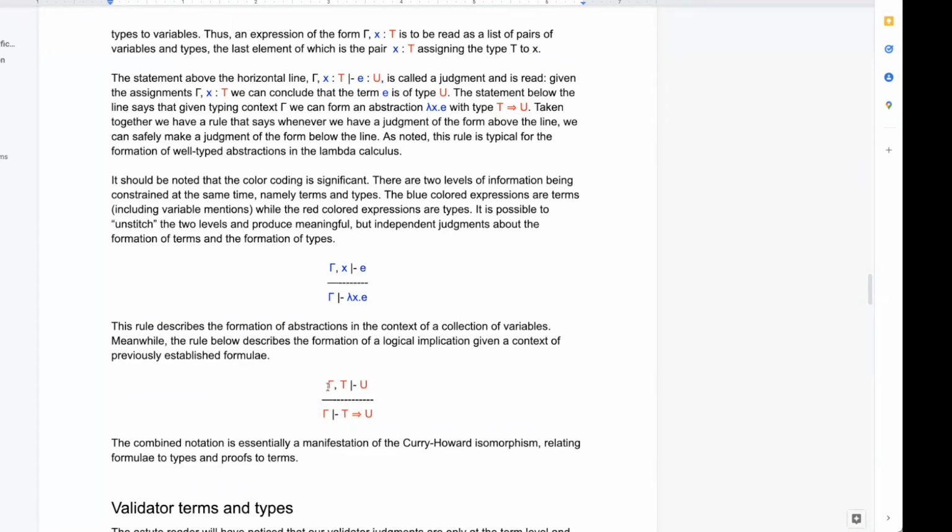So if I was able to establish these formulae over here, and given these formulae, I could conclude U, then I can conclude that T implies U.